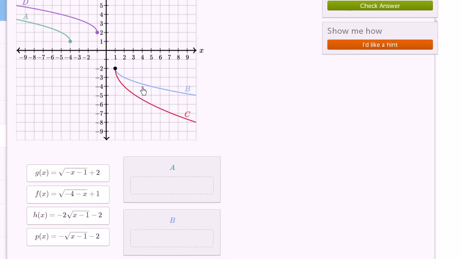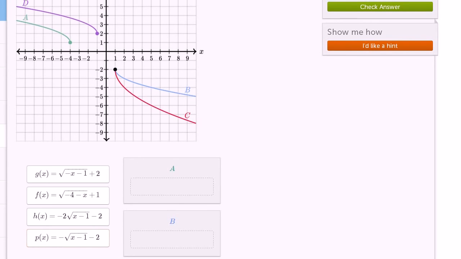Relative to our starting point, y has gone from negative 2 to negative 4 here, while for graph C, y has gone from negative 2 to negative 6. So it's gone down by 4, while this has only gone down by 2.